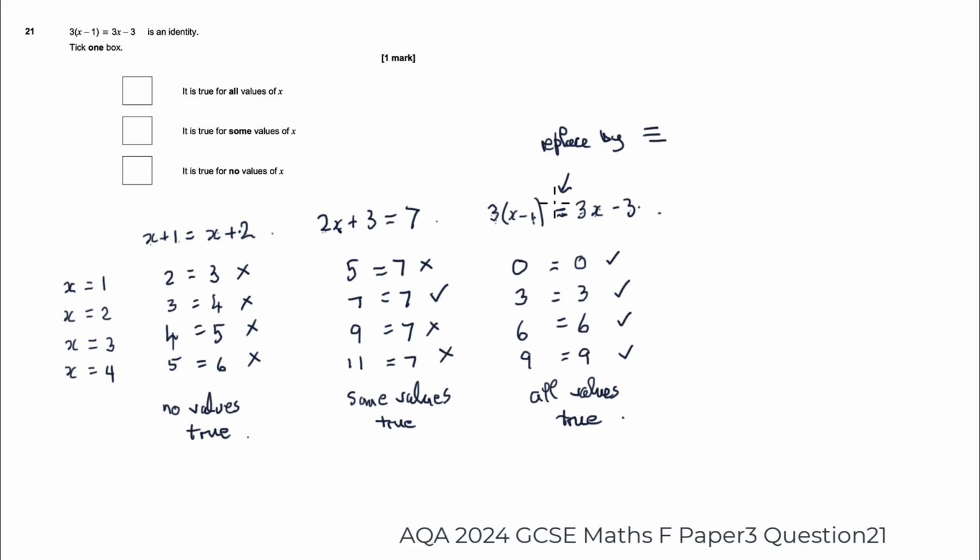So if you have an identity sign in there, it means that that statement is always true no matter what value x is. That's what this one is. Always true for all values of x.